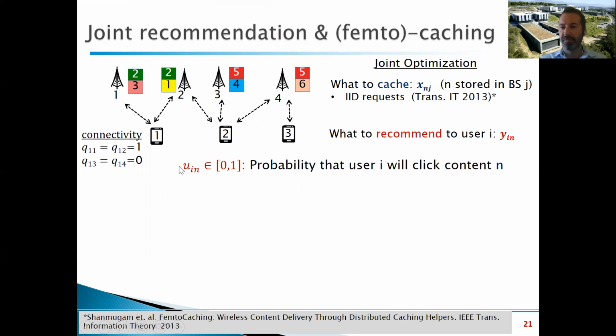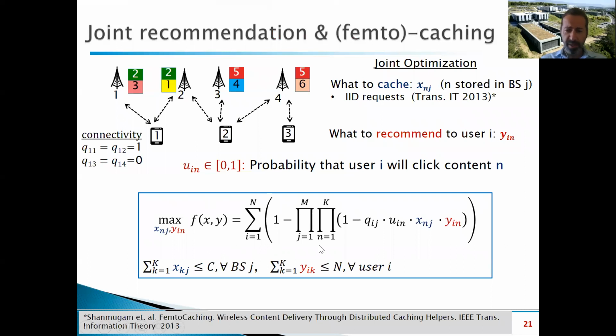We again have some utility value that tells us how interesting content n is for user i. And this is the probability that user i will click content n. So how does this problem look? In the simplest version, it looks like this.